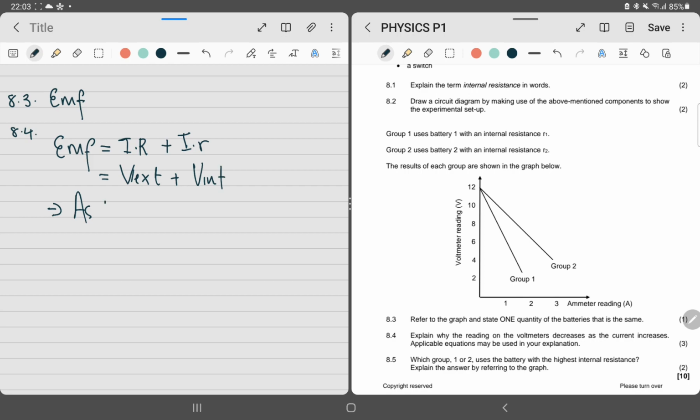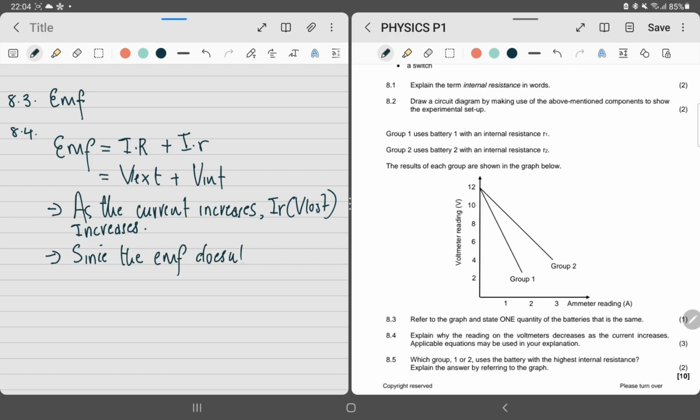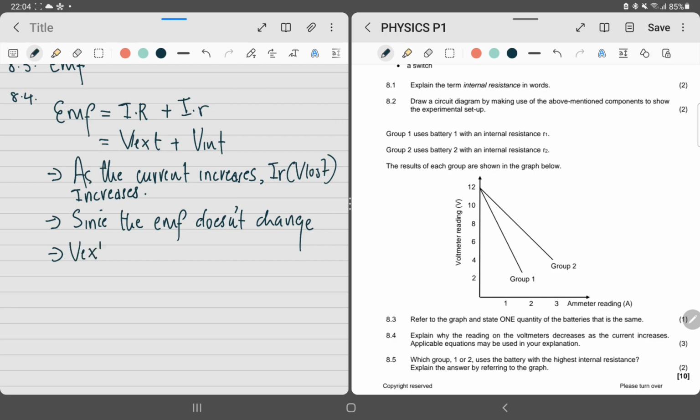Okay, so as the current times internal resistance, or the V lost, increases, and then since the EMF doesn't change, V external or IR is obliged to decrease.